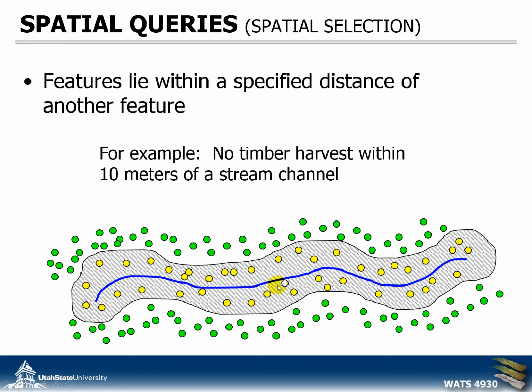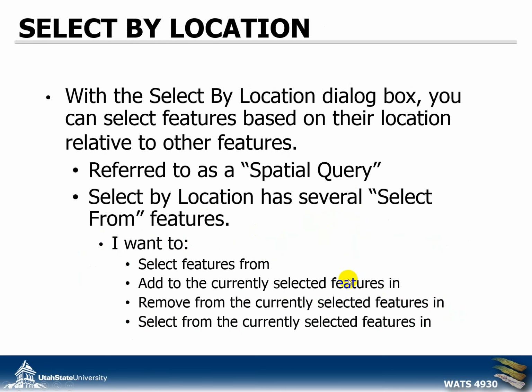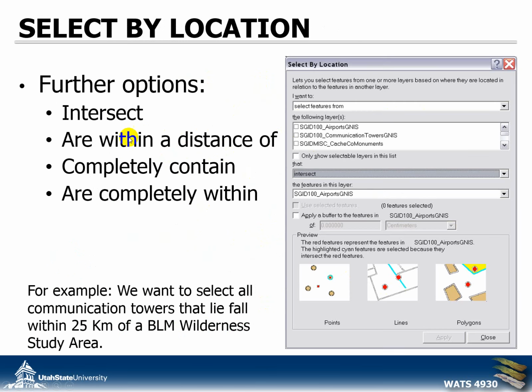So if I have this streamline and I have all these trees that are surveyed in, and I say, give me all of the trees that are within 10 meters of the stream channel. To do these sorts of things you can use the Select by Location dialog box in ArcGIS. You go through and say, what do I want to select my features from?